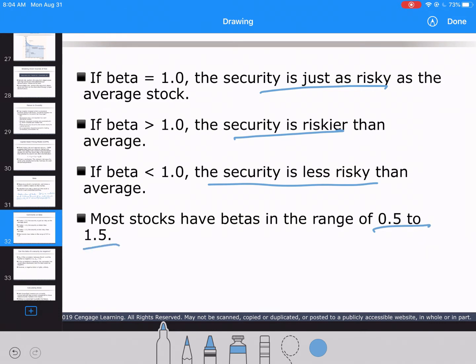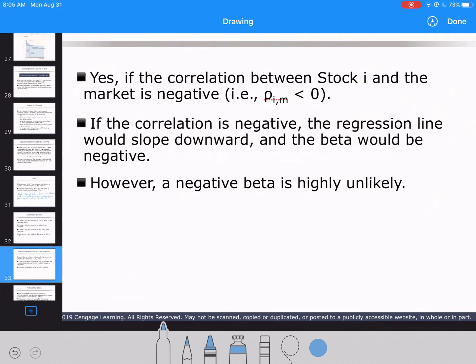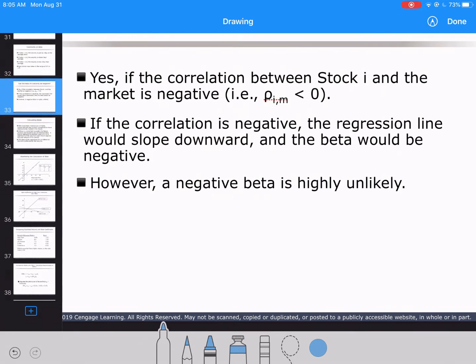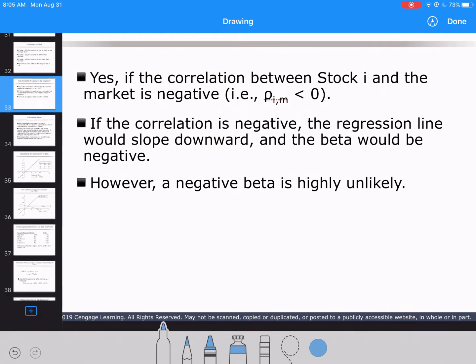Some of them even have negative betas. It can happen. That means when the market goes down, those securities go up. It depends on the correlation of the securities. If the correlation between stock i and the stock market is negative, then beta can be negative. However, a negative beta is highly unlikely.